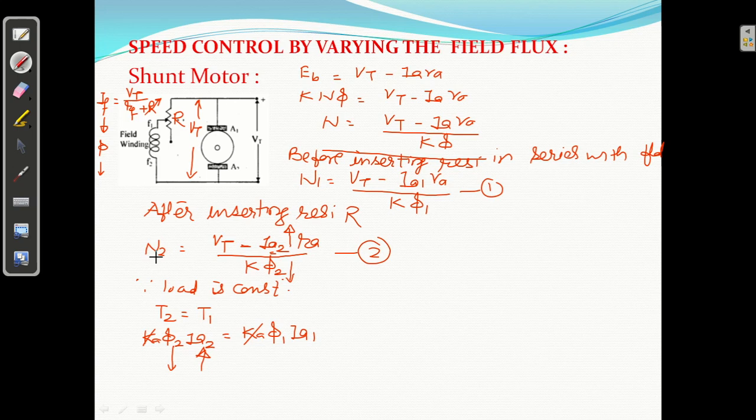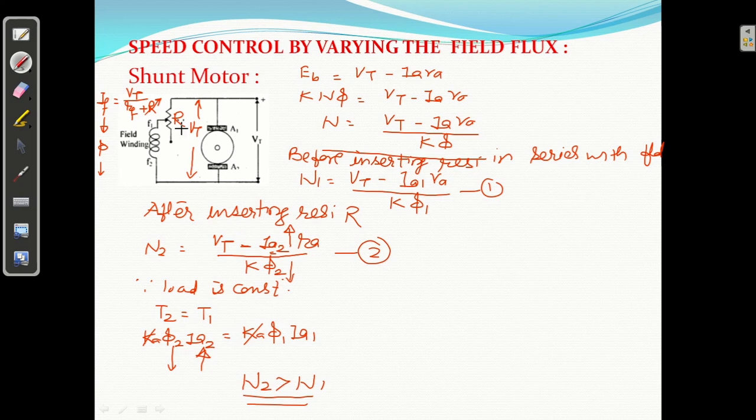N2 is inversely proportional to phi 2, but it is not inversely proportional to Ia2; it is this minus this term. So the decrease in speed is less as compared to the increase in speed. So you will get N2 more than N1.